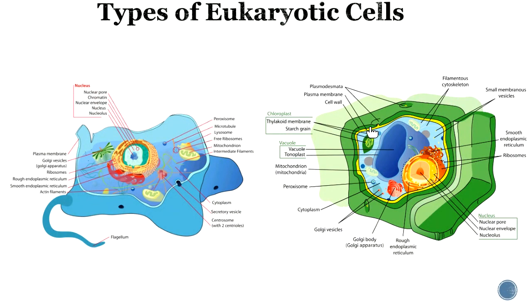It's going to give them more protection and support. That's where all the cellulose is located. They're going to have chloroplasts, because they go through photosynthesis. They're going to have this huge central vacuole that they use for storage. Those are your big things right now, but other than that, you probably see a lot of the same organelles show up between the two.